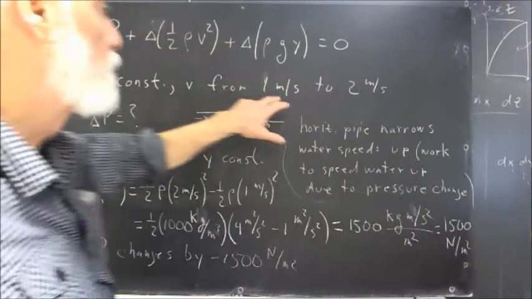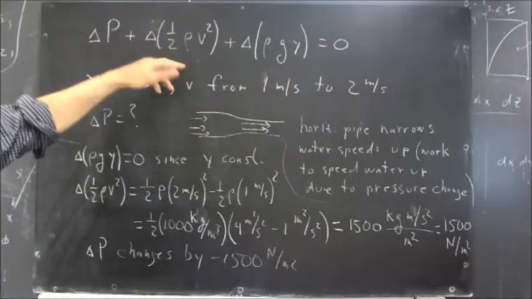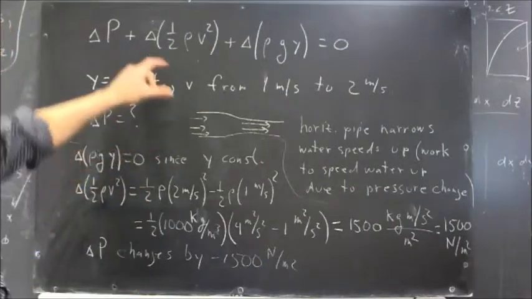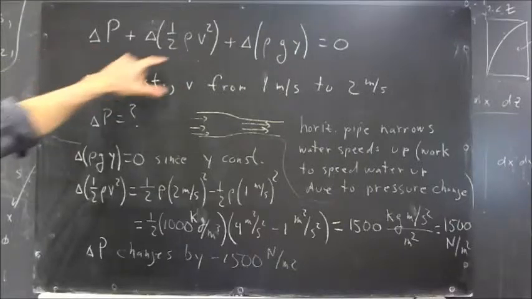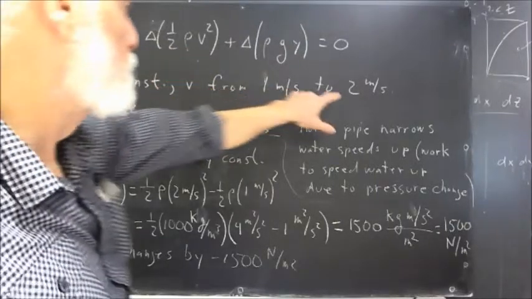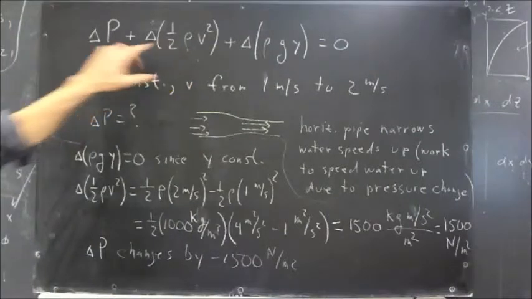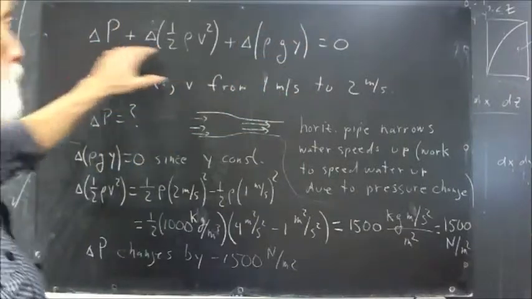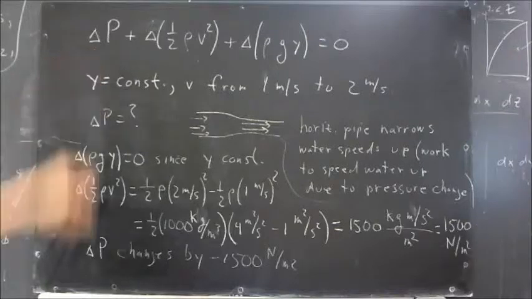If v goes from 1 to 2 meters per second, then there's certainly going to be a change in 1/2 rho v squared. This is water, so rho isn't going to change. And if v goes from 1 to 2 meters per second, this quantity is going to increase. Since the change in this plus the change in this, with no change in this, is 0, an increase in this one results in a decrease in this one.